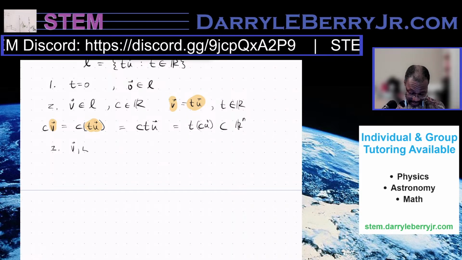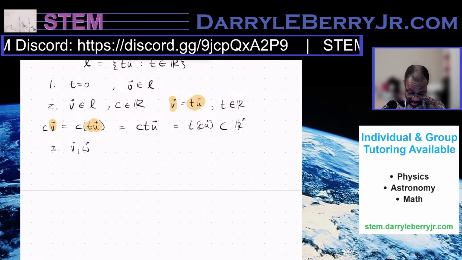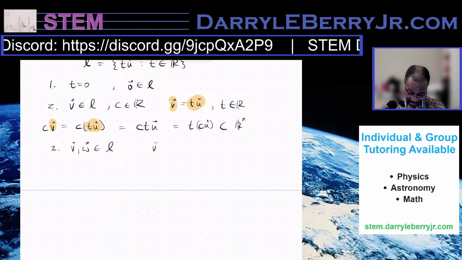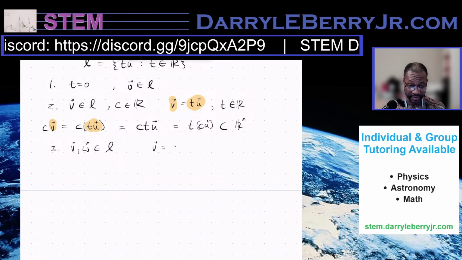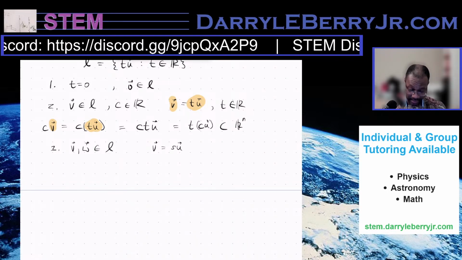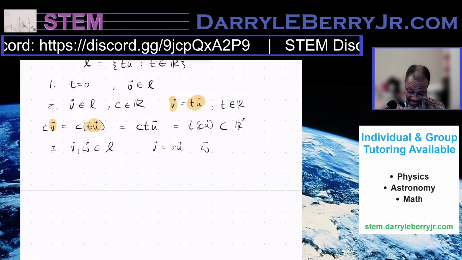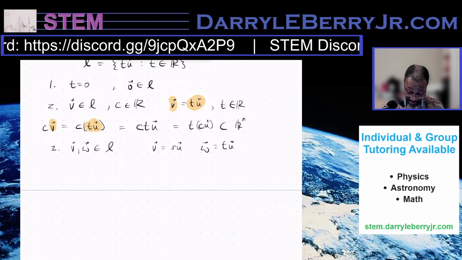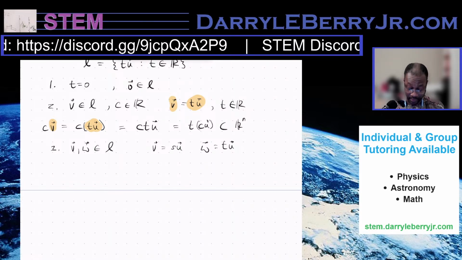V and W are in the line. Thus, V equals SU and W equals TU for some scalars S and T that are real.